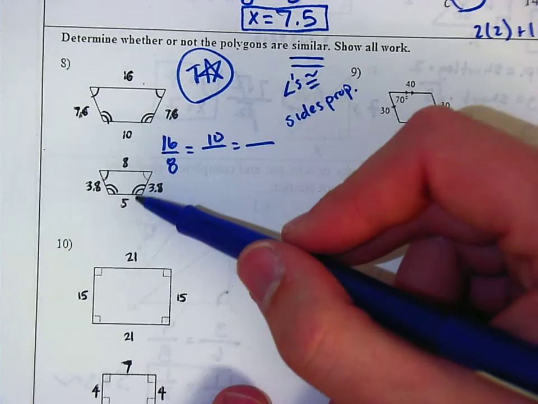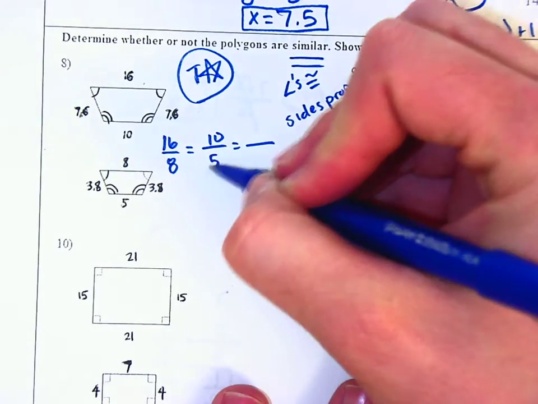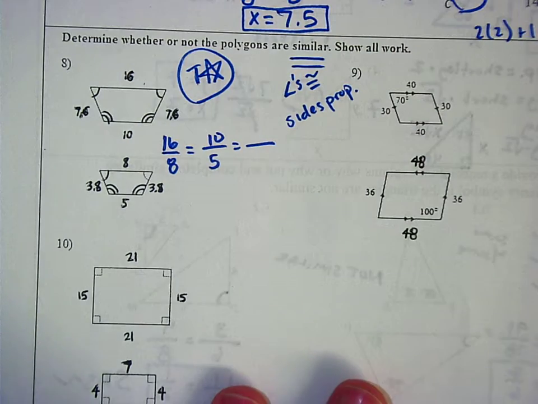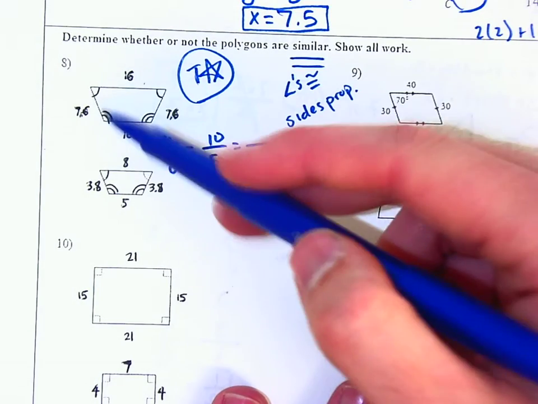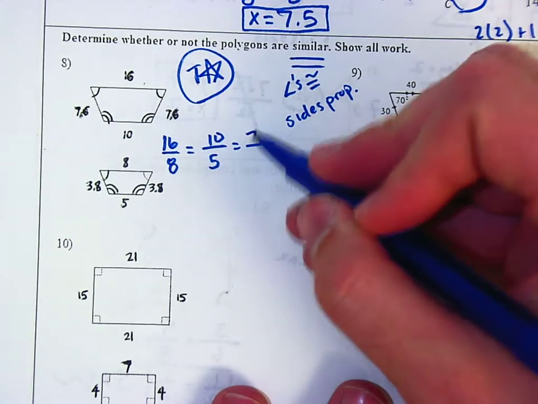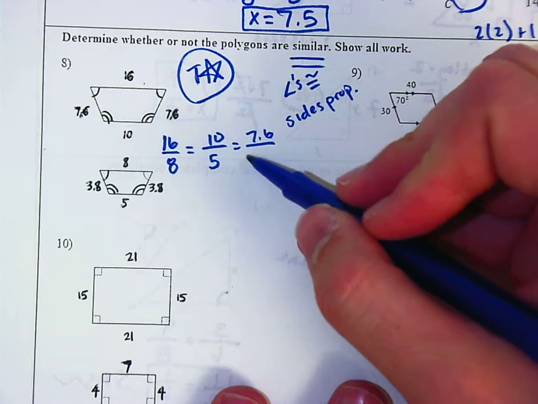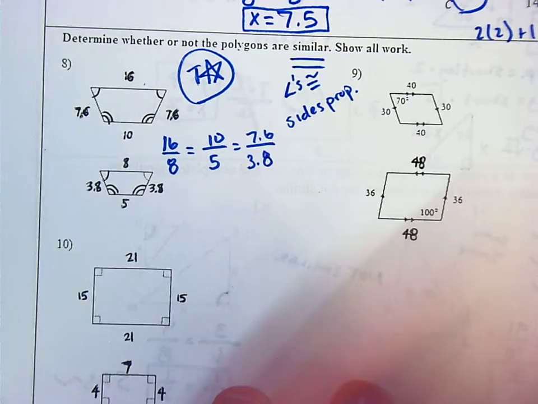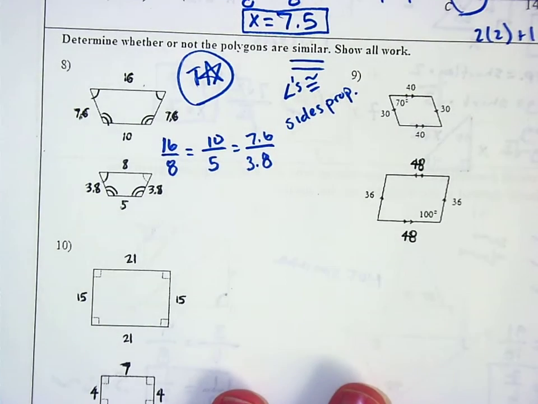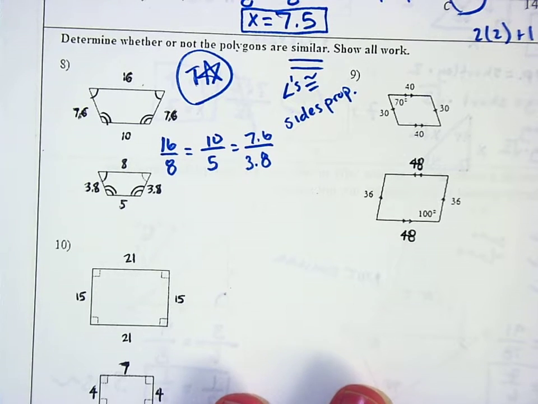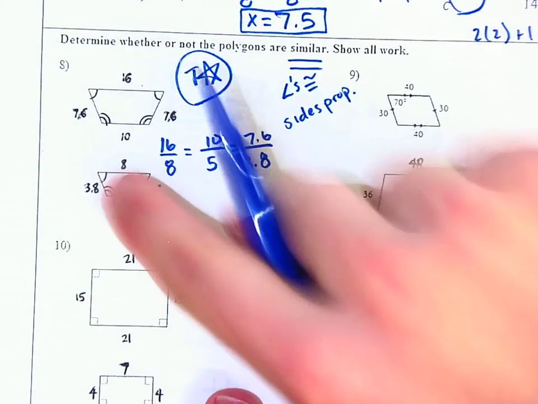And the bottom side on bottom, which is 5. Then last but not least, we have these slanted or diagonal sides, 7.6 and 3.8. Now I only wrote that ratio once, even though it happens twice in the shape, because it's the same for both.